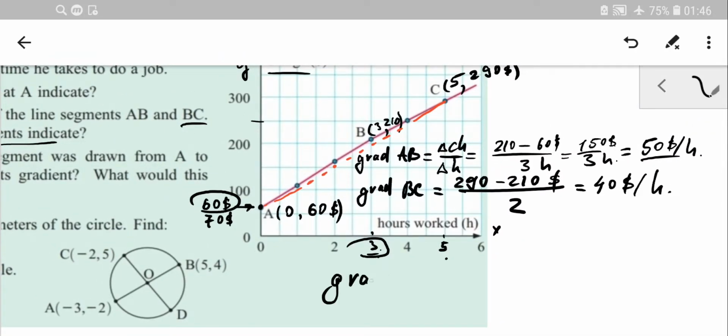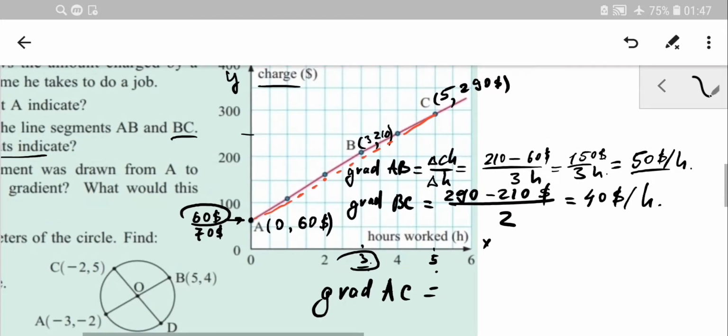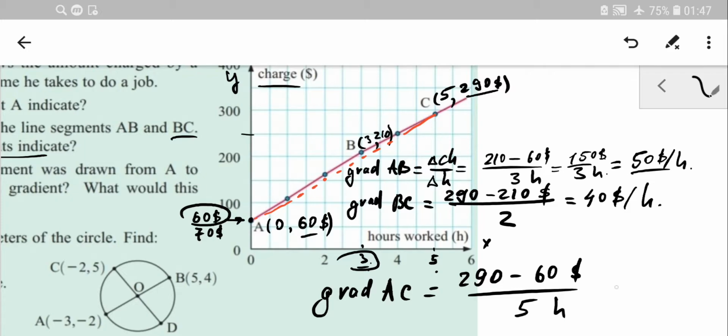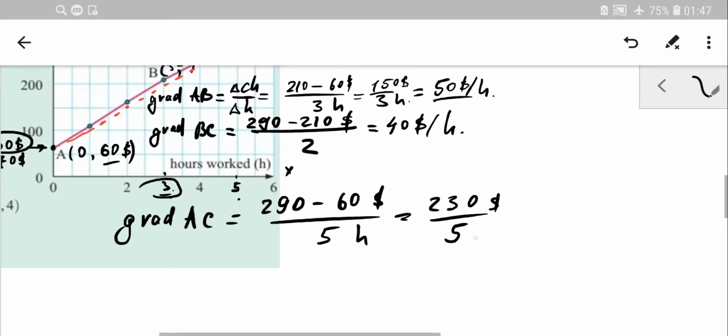So the gradient of the segment AC is the change in y-coordinates between the two points C and A, 290 and 60, the difference, over 5 hours. So we get $230 per 5 hours.